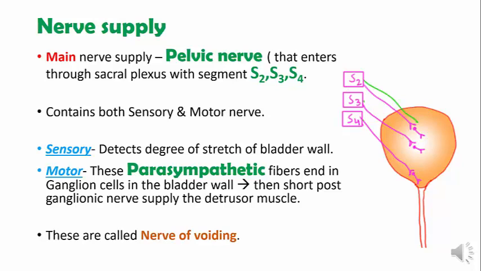This contraction of the detrusor muscle and relaxation of the internal sphincter facilitates the voiding or micturition process, and it causes emptying of the bladder.